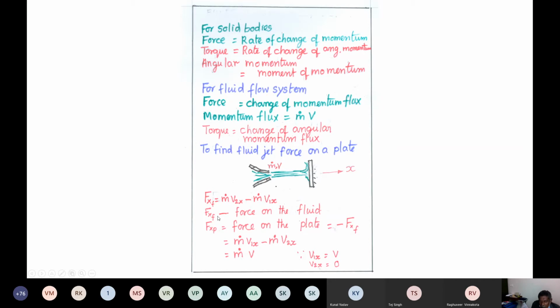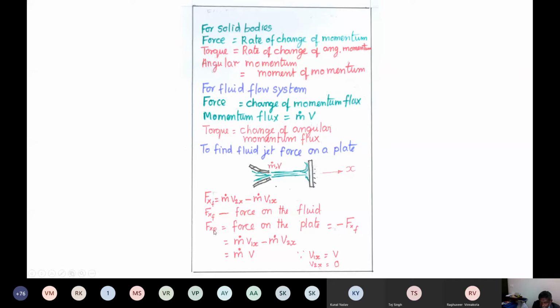So this force in the x direction on the fluid is given by m dot v2x minus m dot v1x, because force is change of momentum flux. Change is always final minus initial. Final momentum flux minus the initial momentum flux. This is the force on the fluid.